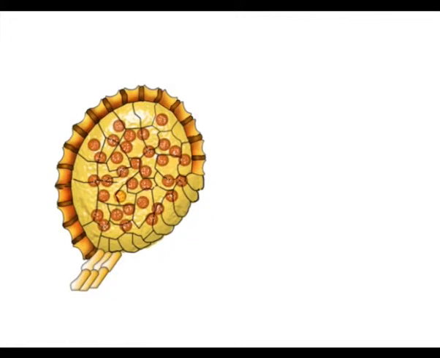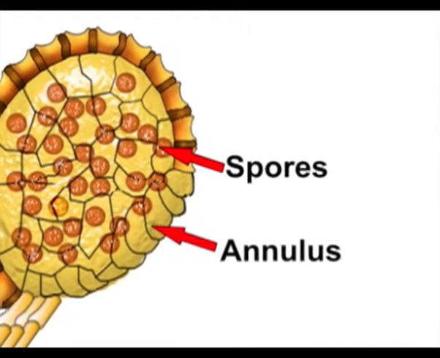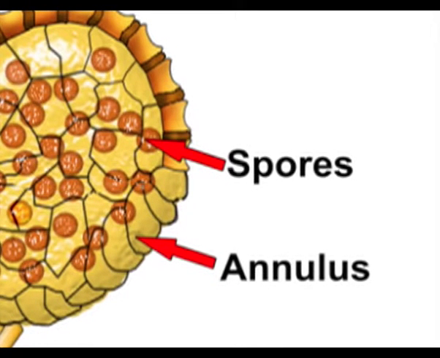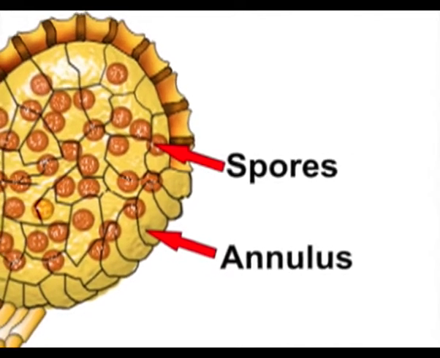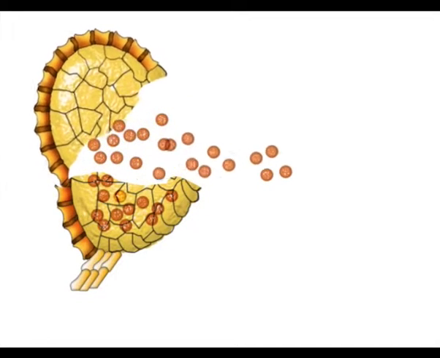On the underside of the sporophylls are sori, which are formed by clusters of sporangia. On the outer rim of the sporangium is a single row of specialized cells collectively known as the annulus. This annulus helps in spore dispersal.